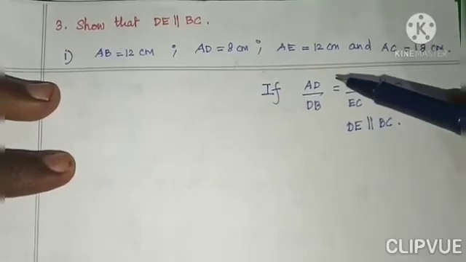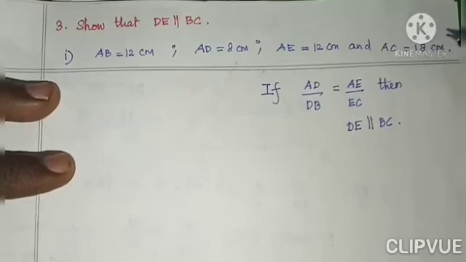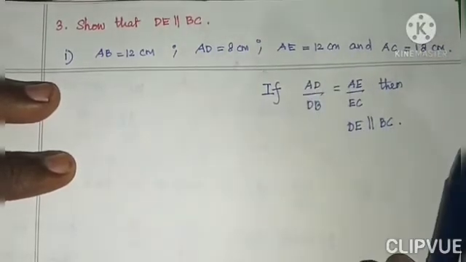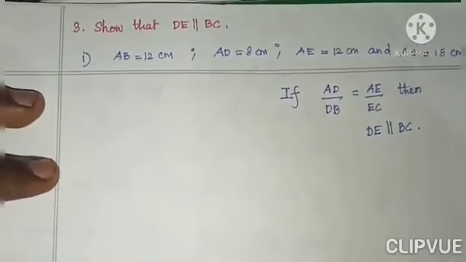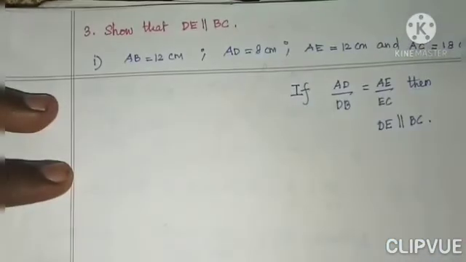So now I am going to check whether LHS is equal to RHS or not. So AD by DB equal to AE by EC or not. First, for your better understanding, we can draw a diagram.